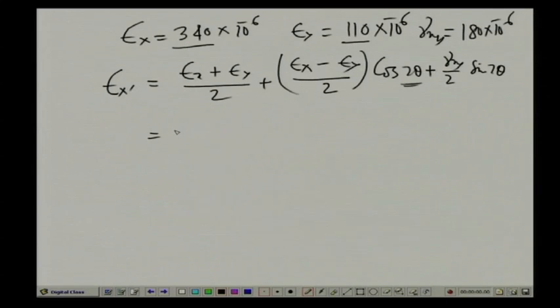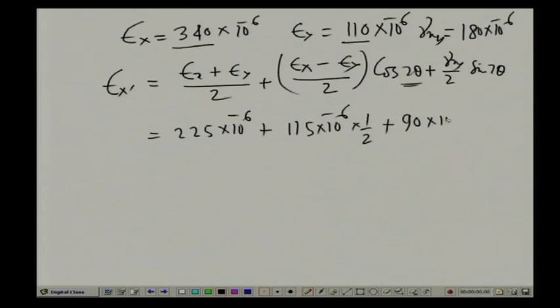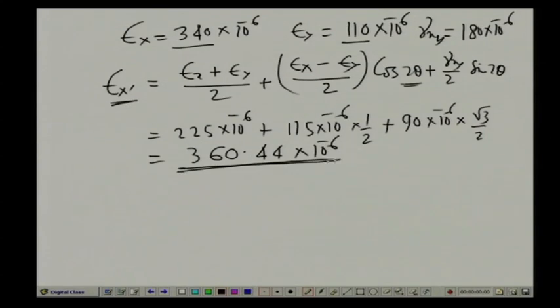So, this gives us a value of 225 into 10 to the power minus 6 plus 115 into 10 to the power minus 6 and cos 60 is half, plus gamma xy by 2 is 90 into 10 to the power minus 6 and sin 60 is root 3 by 2, and this if you compute it comes as 360.44 into 10 to the power minus 6. So, that is the value of epsilon x along the direction which is oriented at 30 degrees with reference to the x direction.